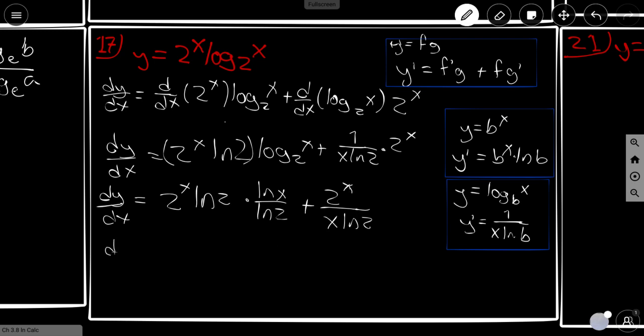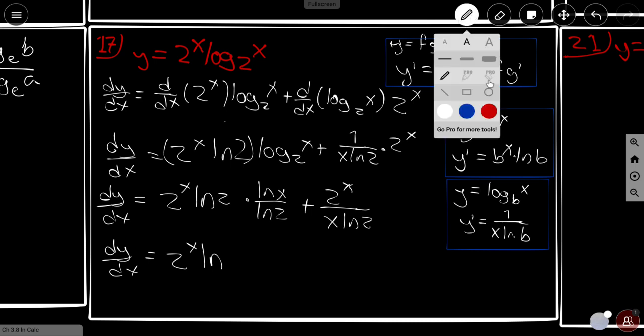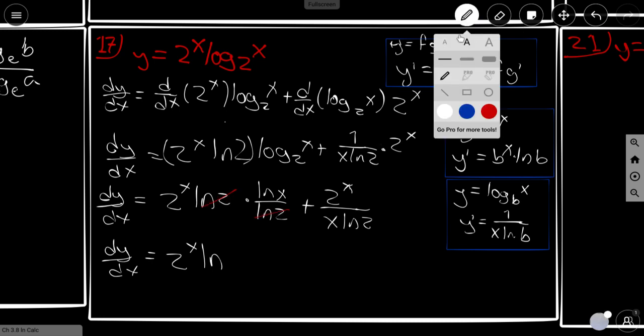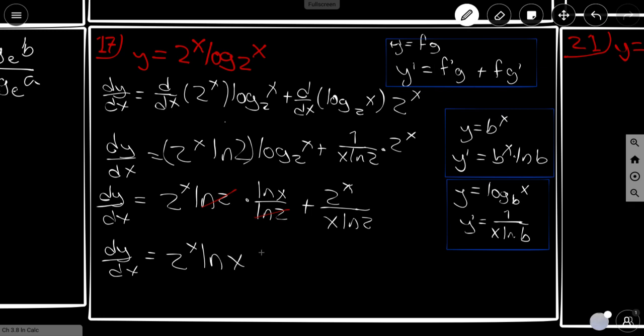From here, I forgot to cancel this out. So yeah, they cancel. With ln x plus 2 to the x over x ln 2.